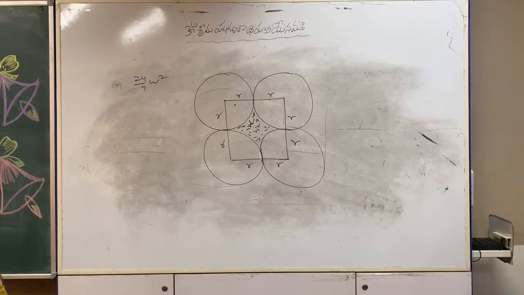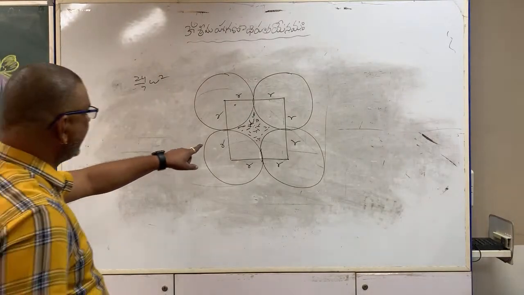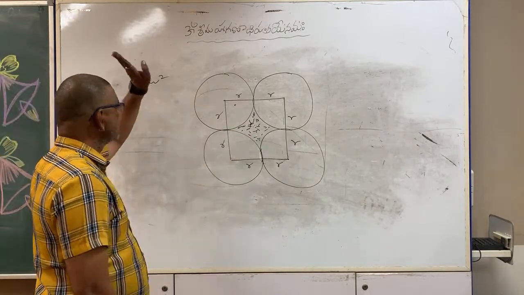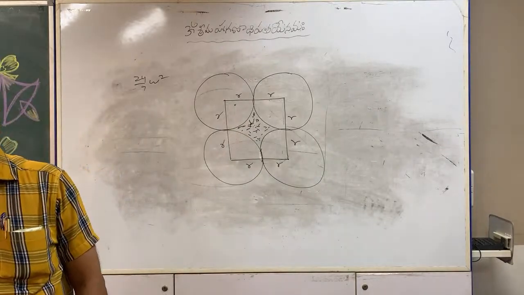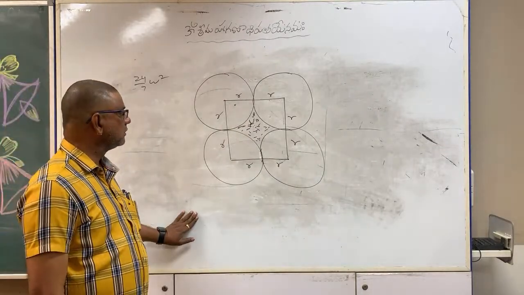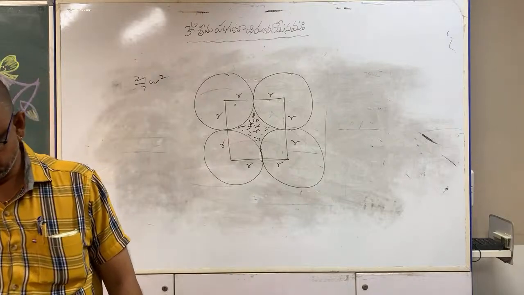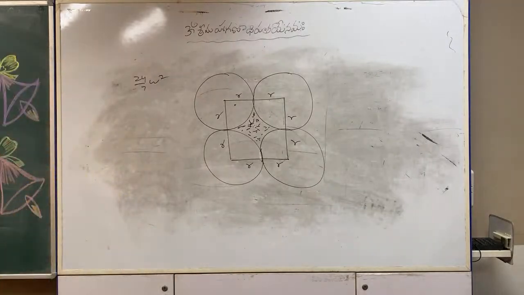That is the idea. This one is given as 24 by 7. Okay, children, you need to find out the radius of the circle. How to do it? Can anyone say?